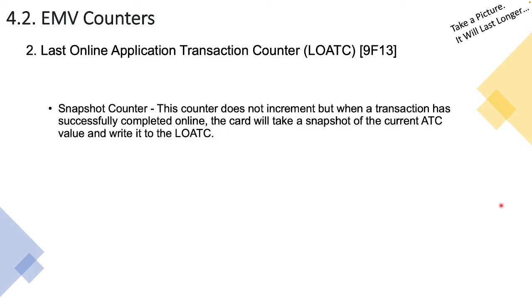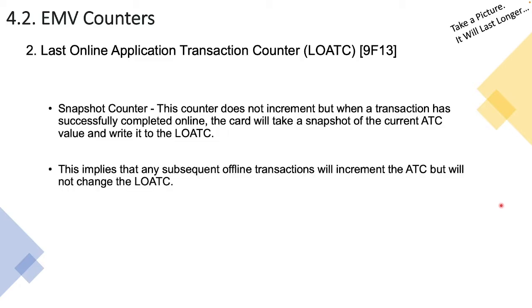So the base requirement for the LOATC counter to be changed is that the transaction needed to have successfully completed online. What is implied is that any subsequent offline transactions will increment the ATC but will not change the LOATC. Okay, the base requirement is an online transaction.